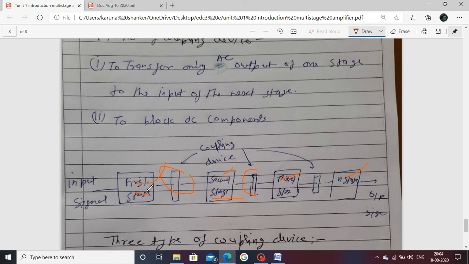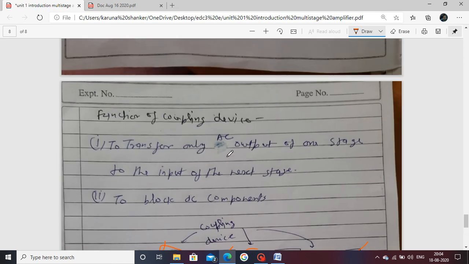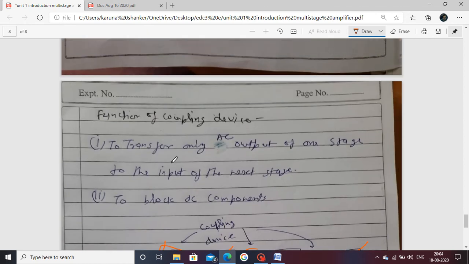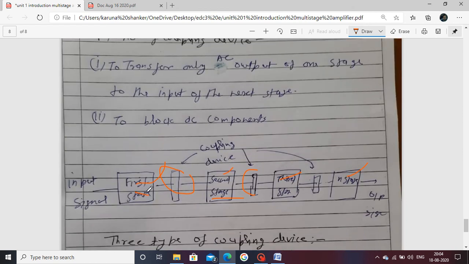Overall, for connection from one stage to the second stage, you use a coupling device. The purpose of the coupling device is to transfer only the AC output of one stage to the input of the next stage. Means whatever the first stage amplifies. Suppose you apply an AC input signal, then this transistor or first stage amplifier amplifies this signal and the amplitude increases.